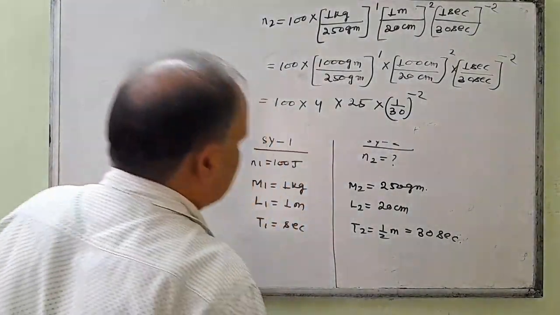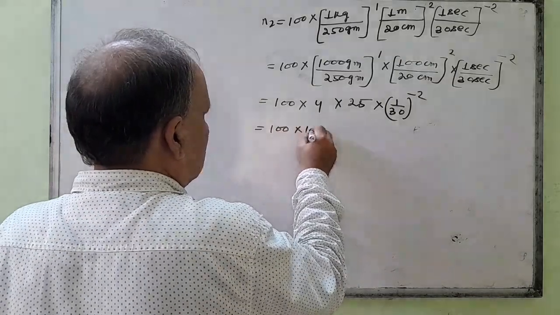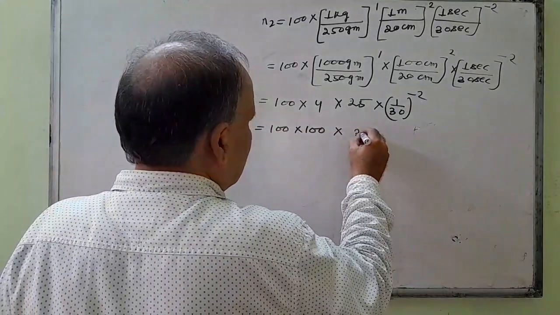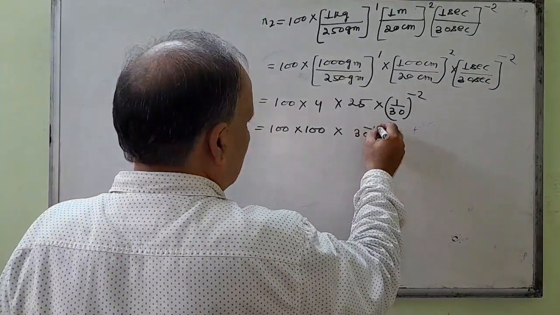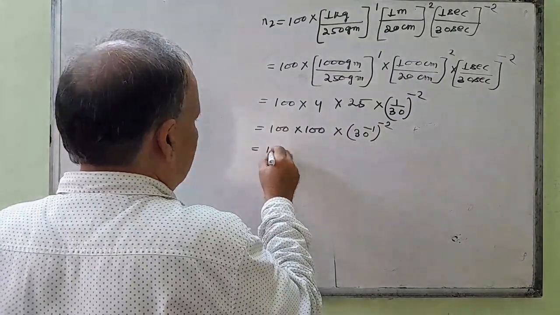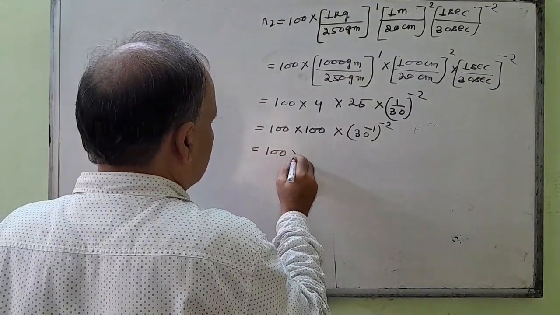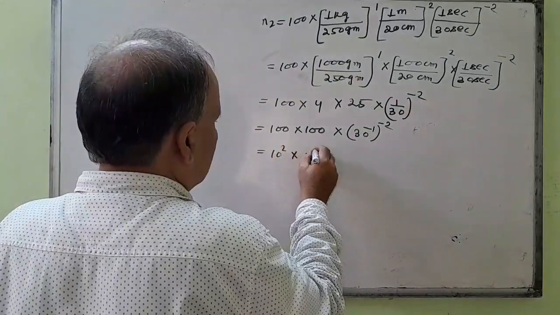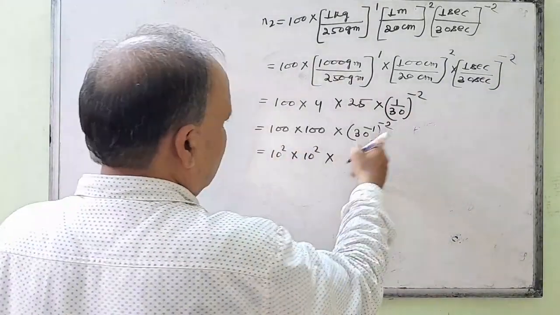So we can write 100 into 100 into 30 to the power minus 1 whole to the power minus 2, that means 10 to the power 2 into 10 to the power 2.